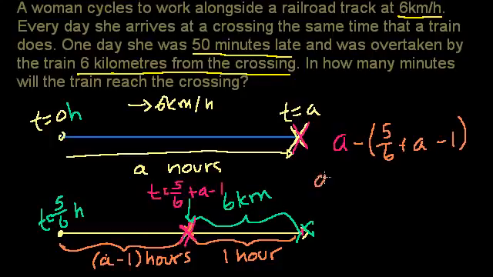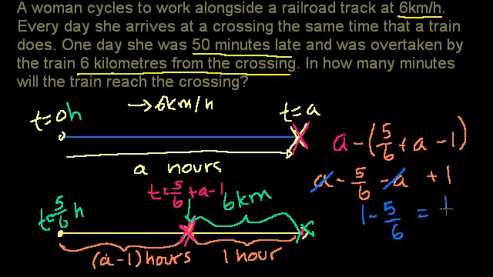So this is a minus 5/6 minus a plus 1. Luckily, the a's cancel out. a minus a. And you're left with 1 minus 5/6 hours, which is just equal to 1/6 hours. There are 60 minutes in an hour, so 1/6 of that is 10 minutes. So it takes the train 10 minutes to get to the crossing from the point that it passed her.